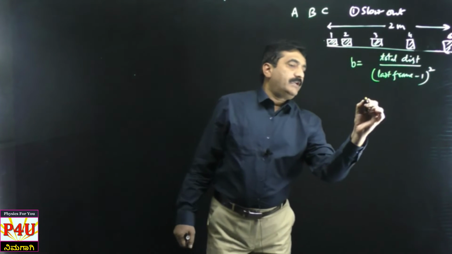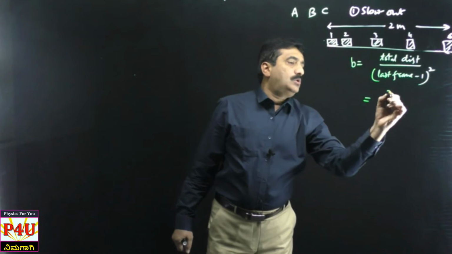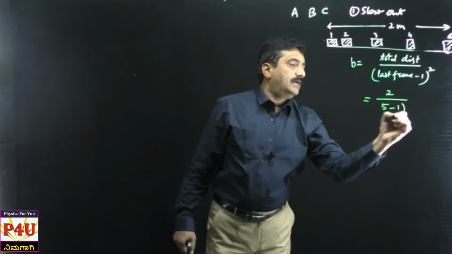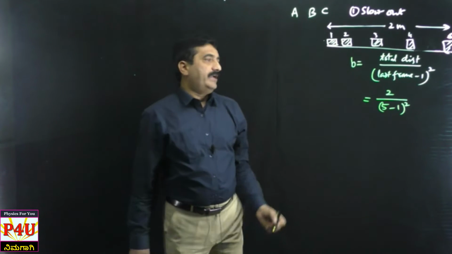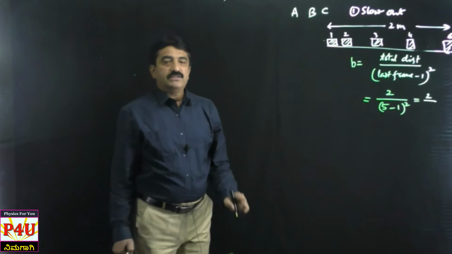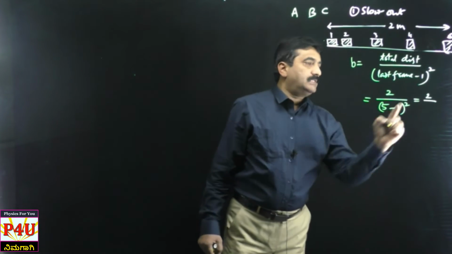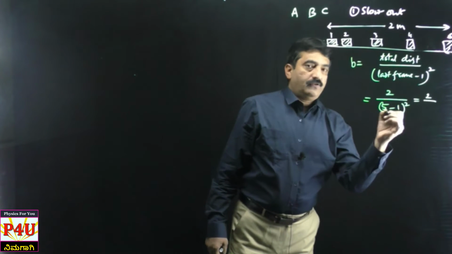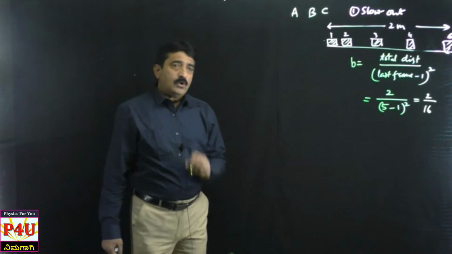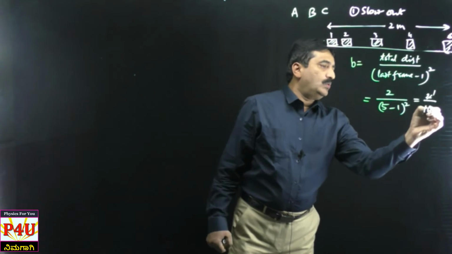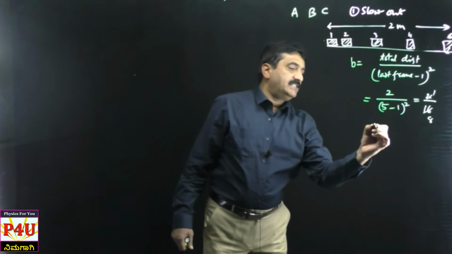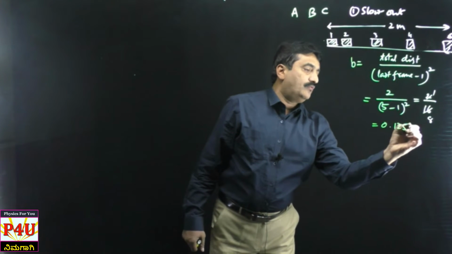That is equal to total distance 2 meter divided by, totally 5 frames are there, 5 minus 1 whole square, that is 2 divided by 5 minus 1 is 4, so 4 square, that is 2 divided by 16. 2 divided by 16, that is 1 by 8, that is equal to 0.125 meter.